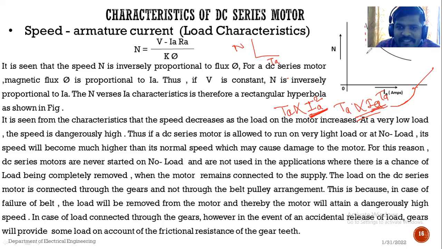At a minimum value of armature current, when will the armature current be minimum? Will it be when the load is minimum or when the load is maximum? Sir, repeat the question. Okay, armature current when it is minimum, whether when the load is minimum or maximum.